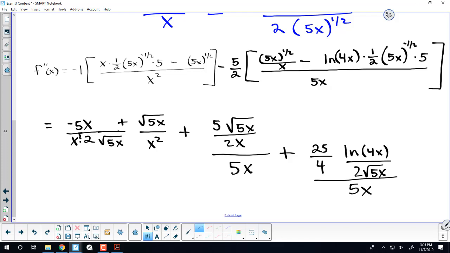Not sure that we did that. Let's just double check our distribution. Over 5x, and then we have 25/4 ln. Yeah, all right. I think that's okay.